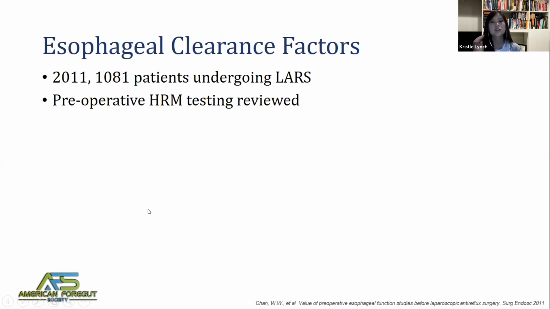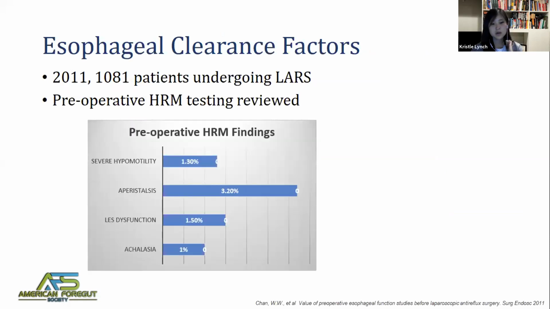Additionally, we need to make sure that other causes are ruled out. So Chan et al. did a study in 2011 that looked at about 1,000 patients undergoing laparoscopic anti-reflux surgery, and their preoperative manometry testing was reviewed. So 1.3% of patients had severe hypomotility, 3.2% of patients had aperistalsis, 1.5% of patients had LES dysfunction, consistent with esophageal obstruction, and 1% of patients had achalasia.